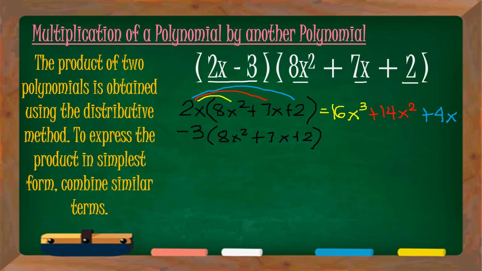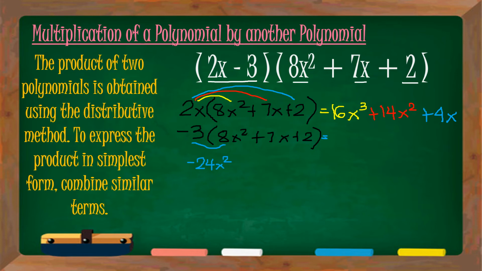Okay, start tayo kay negative 3 times positive 8x squared. So, negative 3 times positive 8 is equal to negative 24x squared. Okay? Since ang ating sagot ay may kasamang variable na x squared, hanapin natin dito yung may x squared.